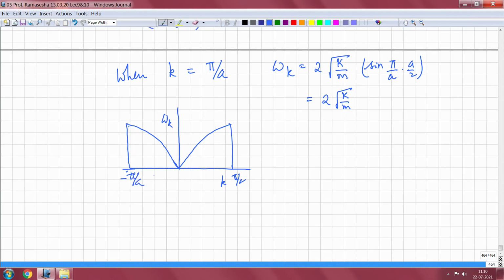So, there is a linear dispersion at k equal to 0, that is, in the neighborhood of k equal to 0, and it saturates. So, this goes as 2 times root k by m.